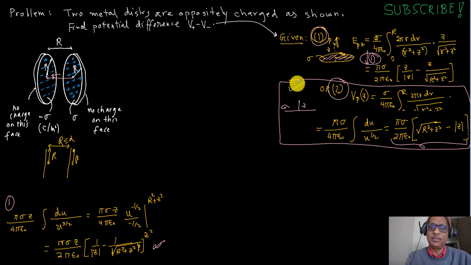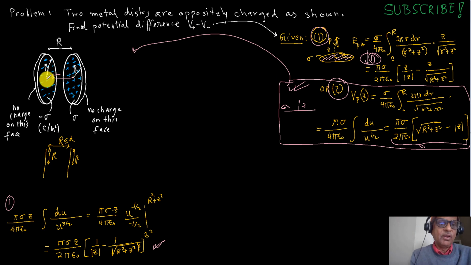So we know this. From this, let's look at two points, P1 and P2. We basically want to know V at P2 minus V at P1. So that's what we want, right? At point P2, what is the potential?